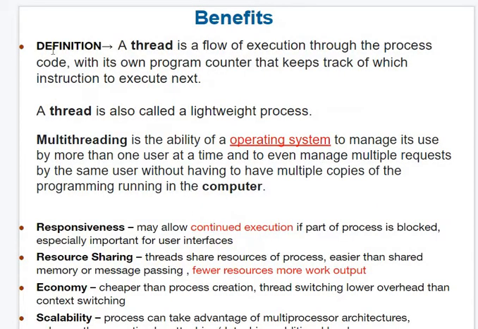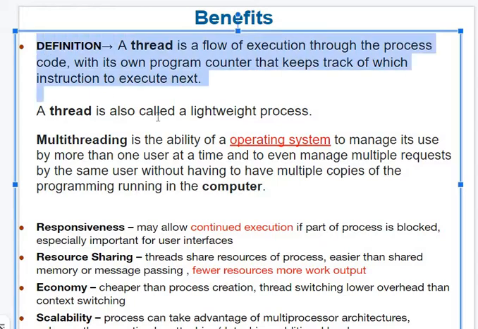Okay, so let's first go for some 2 definitions. What do you mean by thread? It's a flow of execution. In simple words, it's a flow of execution, and it is also called a lightweight process. Now we had definitions of the differences between program and process.